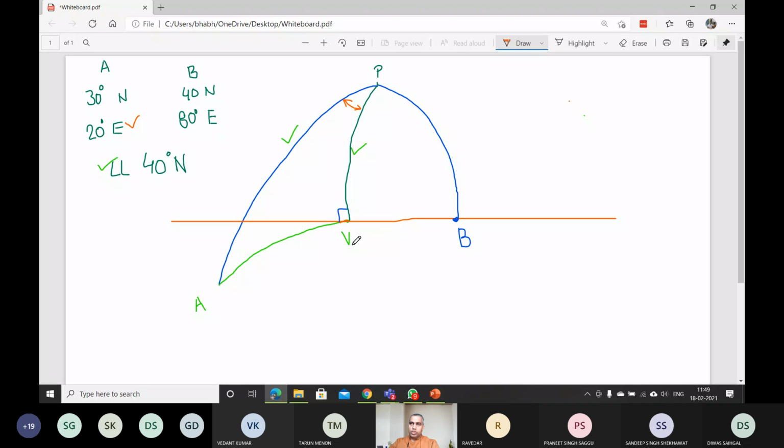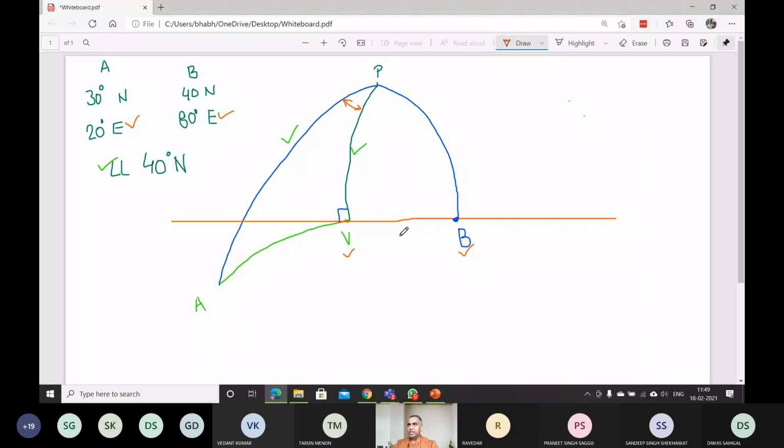Now, once you have this longitude, you compare the longitude of the vertex with the longitude of your destination, that is Bravo point, B point. The longitude of B, our destination, is given to us in the question. When you compare the longitude of the vertex with the destination point, you come to know whether this triangle which you have made is right or it needs to be modified.